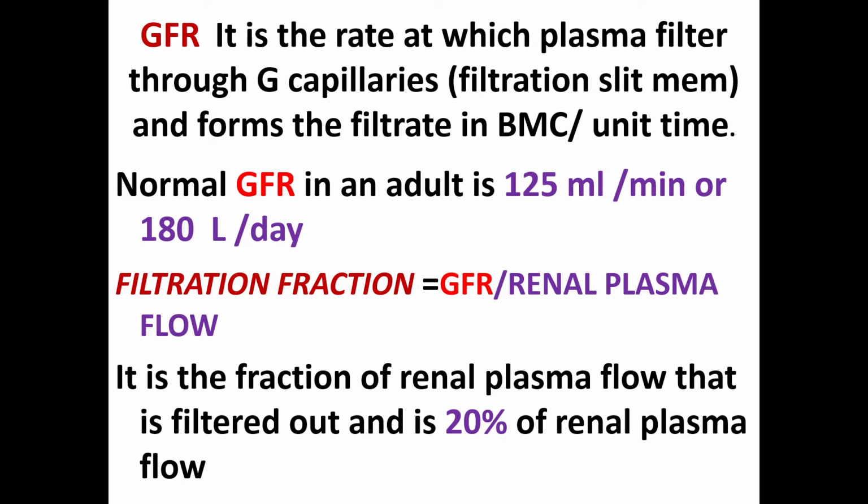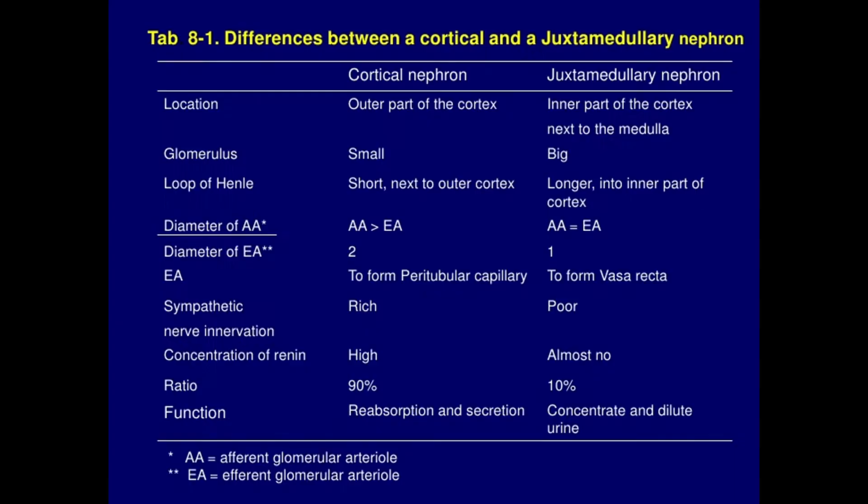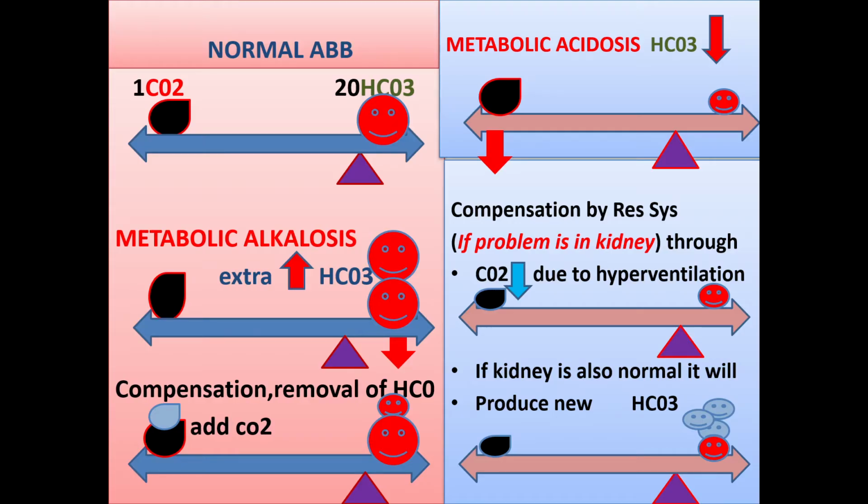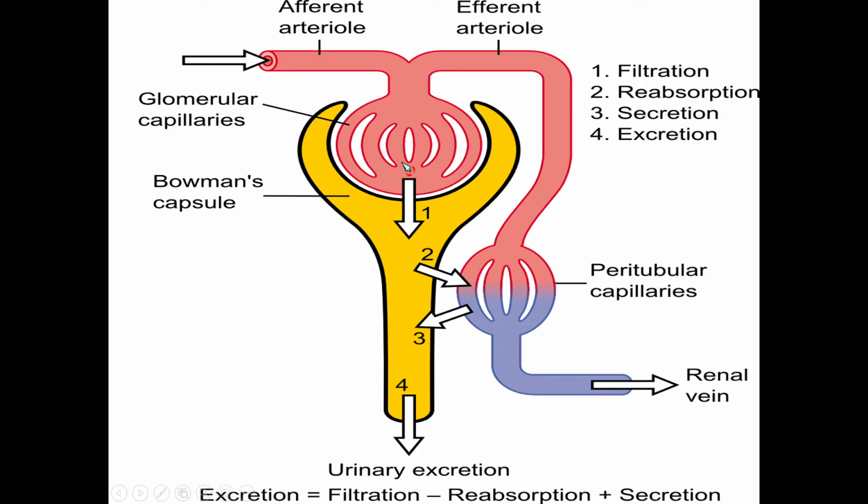So if you filter out 180 liters daily from here, and you excrete only 1.5 liters, where is your remaining 178.5 liters going?